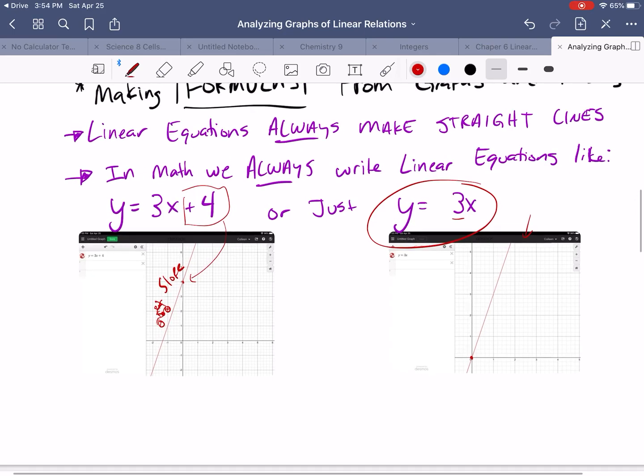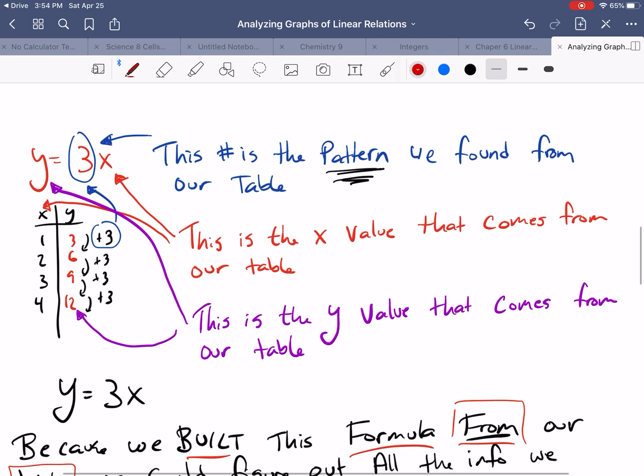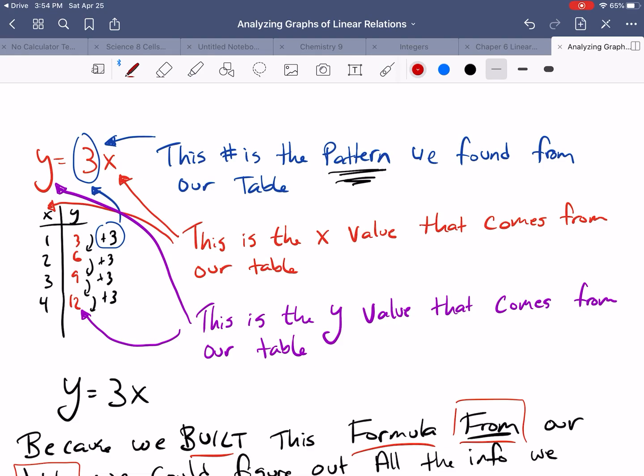Anyway, that's a linear equation. Something to think about, nothing to worry about if you don't totally get it, but we're going to start writing an equation. And your equation is always going to start with the letter y. Y equals, you're always going to write that down. It's just going to become something we do because we're going to get really good at writing this. Then the next number that you're going to write down is the pattern number. That's super easy.